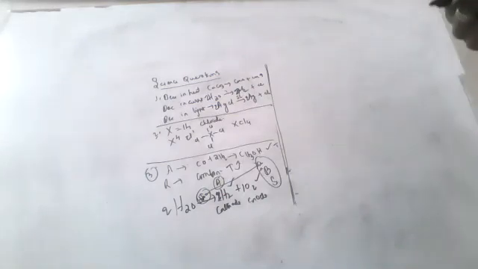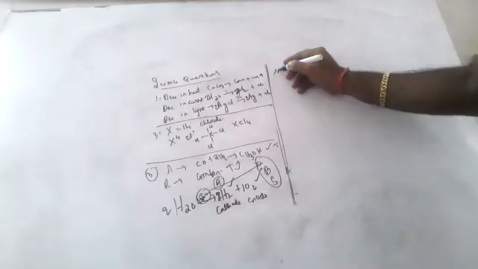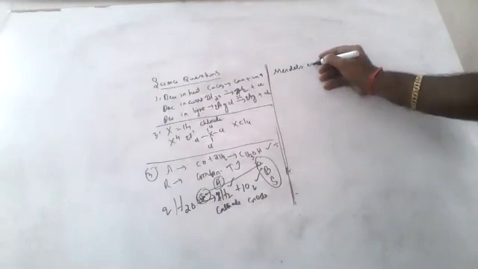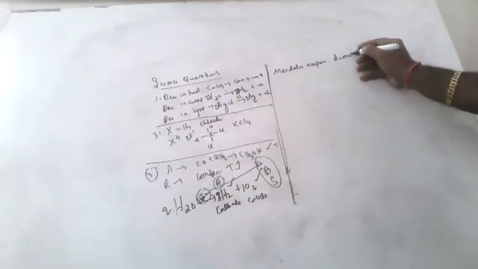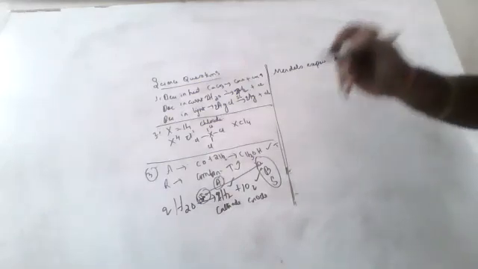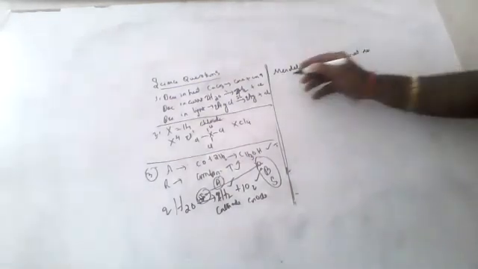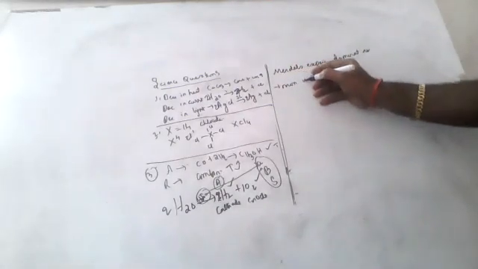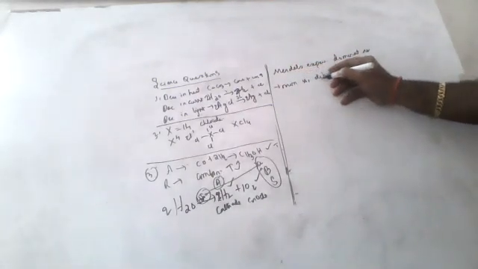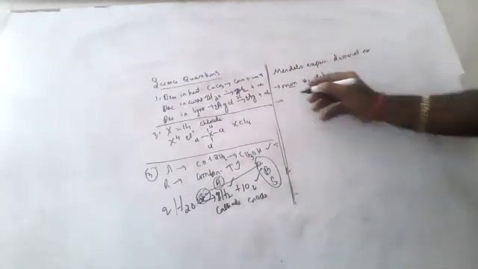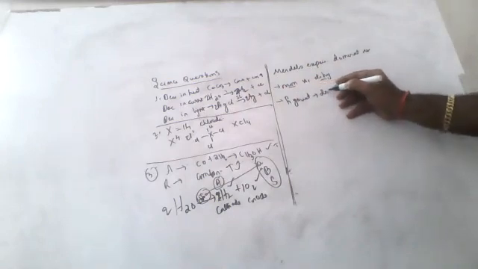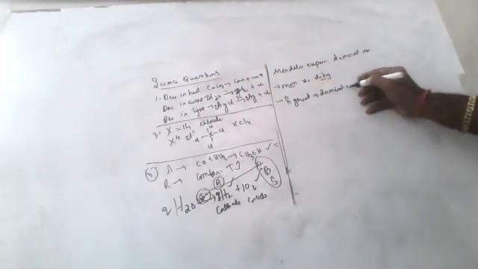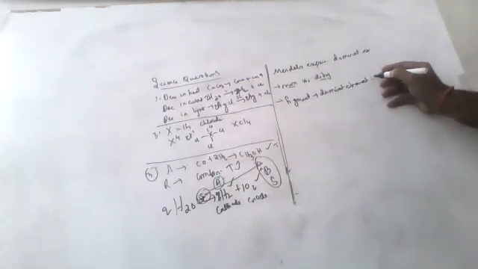How do Mendel's experiments show that traits may be dominant or recessive? Okay, children, whether it is a monohybrid cross or a dihybrid cross, whatever cross it may be, in the first generation only the dominant character is expressed.